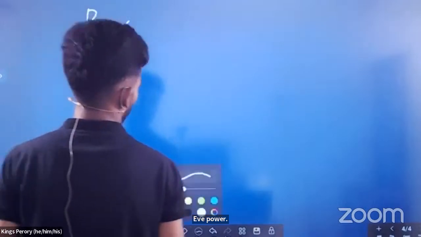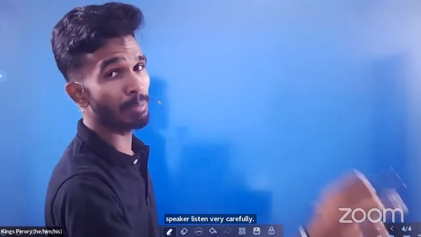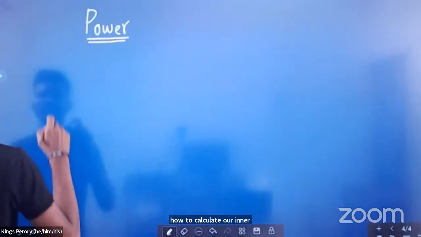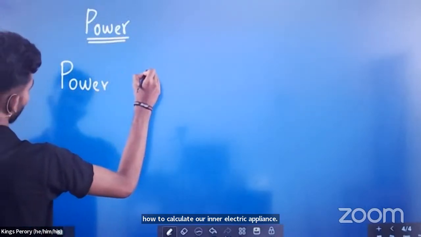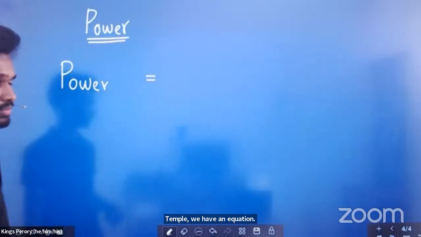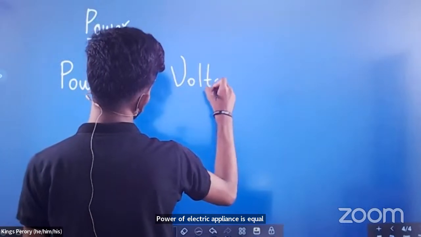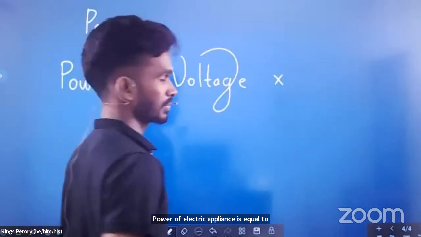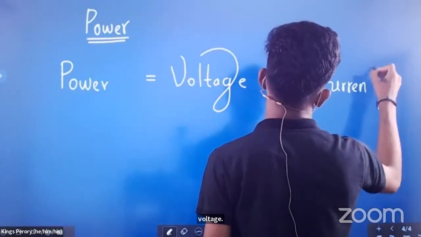Right. Eyes on the board, ears on the speaker. Listen very carefully. How do we calculate power in an electric appliance? Simple. We have an equation. Power of an electric appliance is equal to voltage multiplied by current.